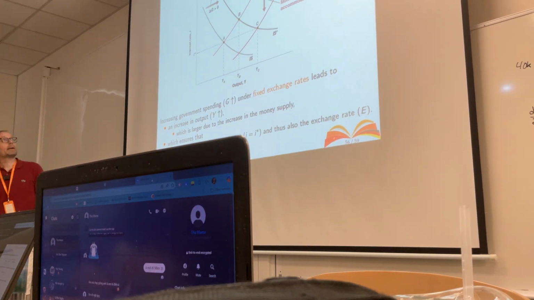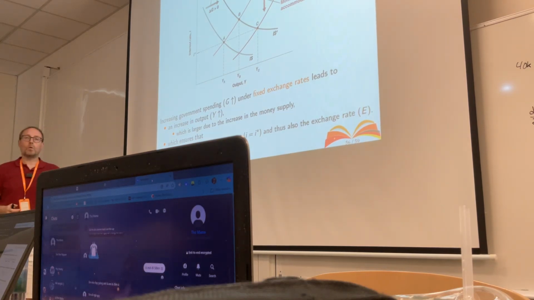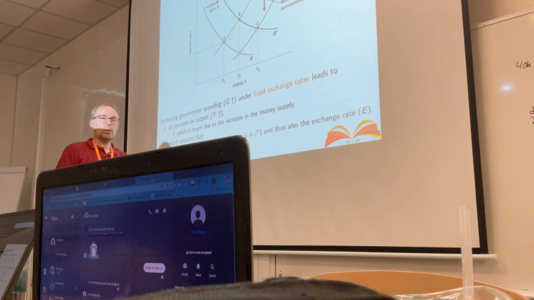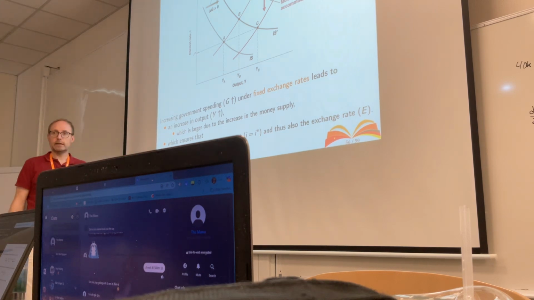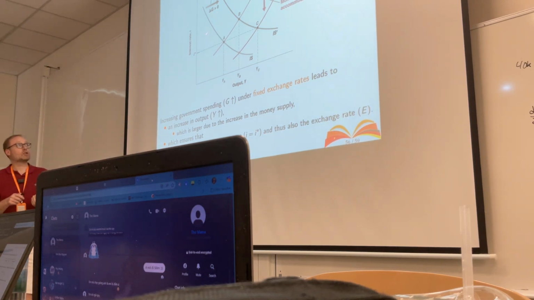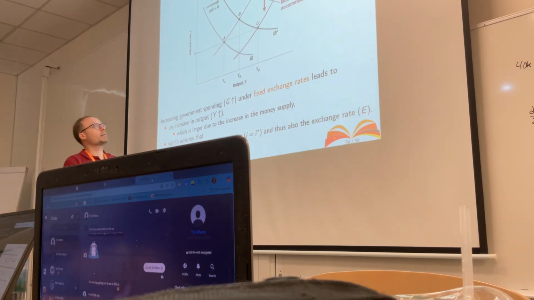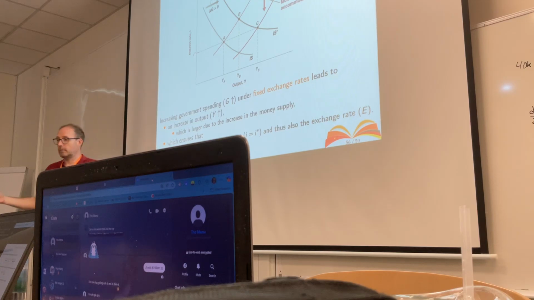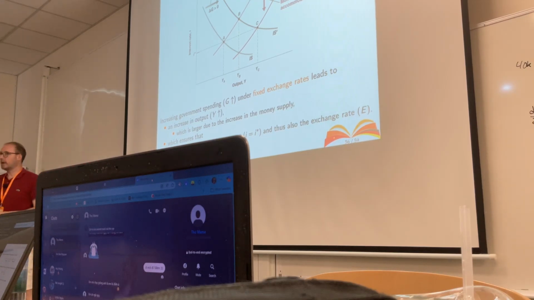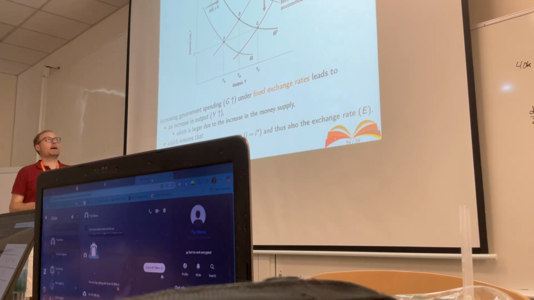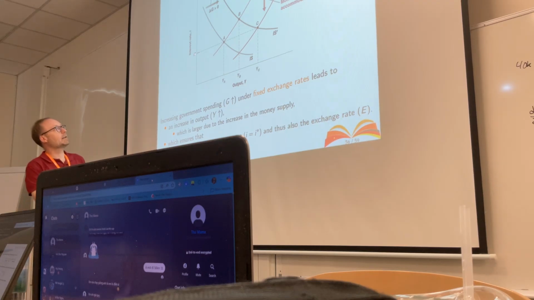Our central bank has a fixed exchange rate policy, so in order to maintain the old exchange rate, the central bank has to ensure that our interest rate stays the same as the foreign interest rate. So if we have an expansive fiscal policy, we have to follow this with an expansive monetary policy, by exactly the amount needed to maintain a constant interest rate.